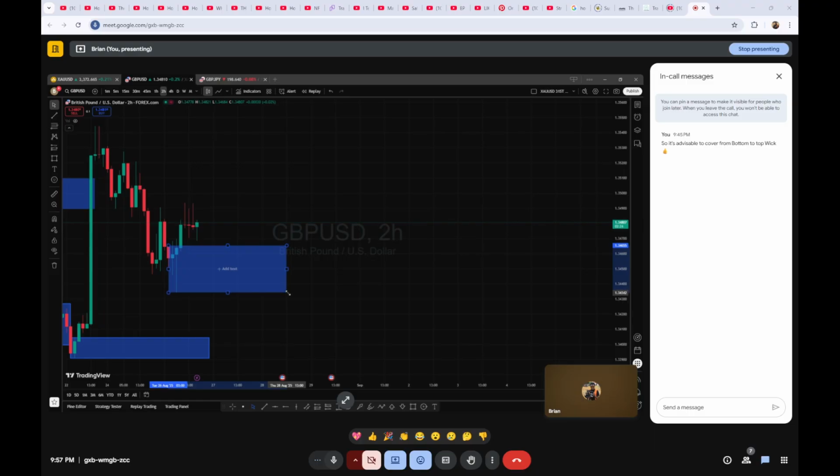Yes, I said for the demand zone, make sure it covers up to the candle wick. That is the last one at the bottom. Like that.